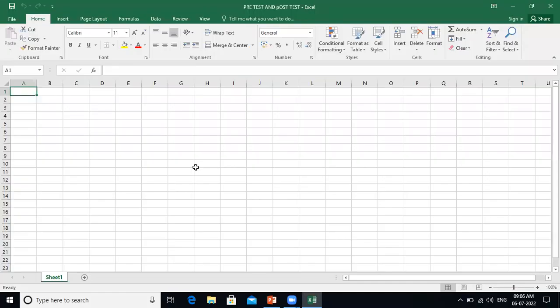Now, here are so many rows. In column A, I will put marks as an example.